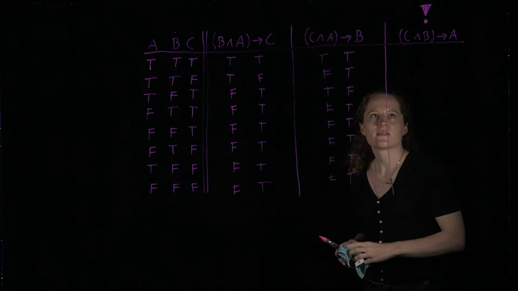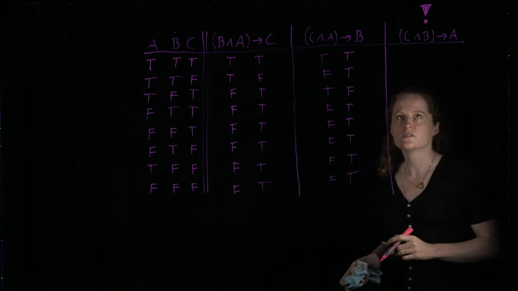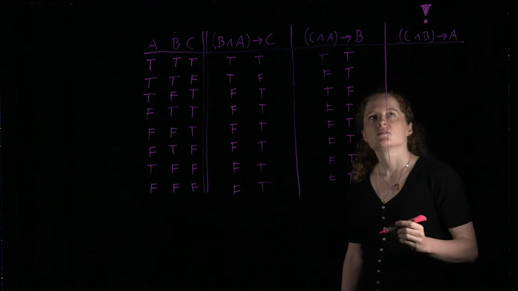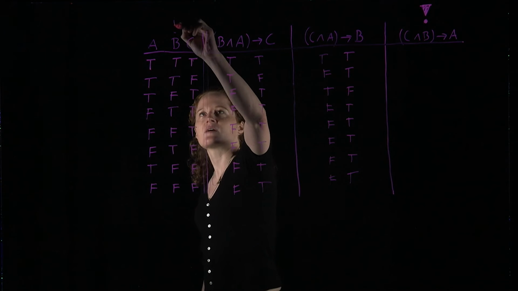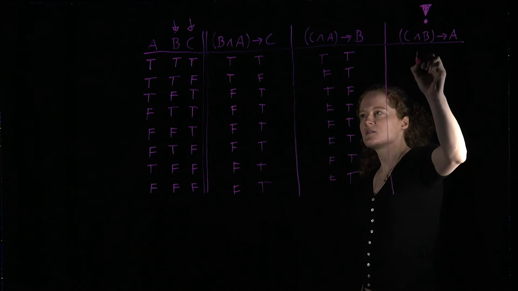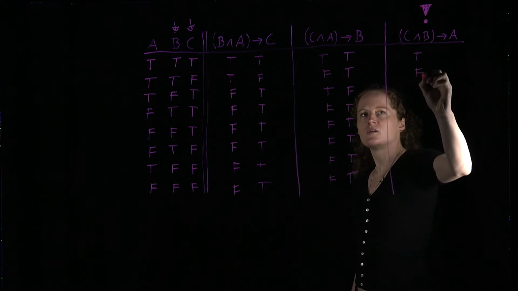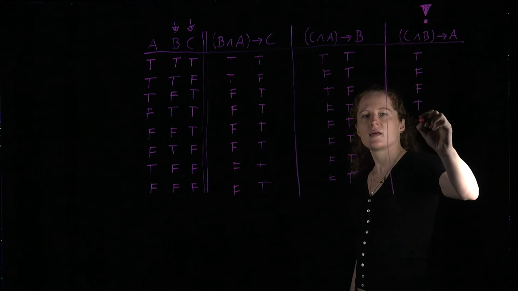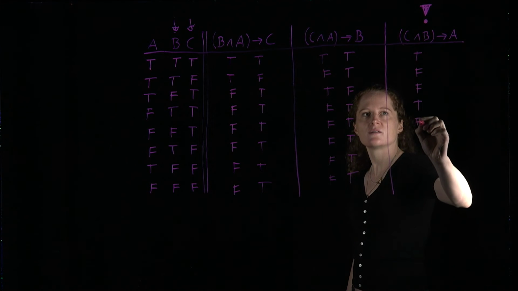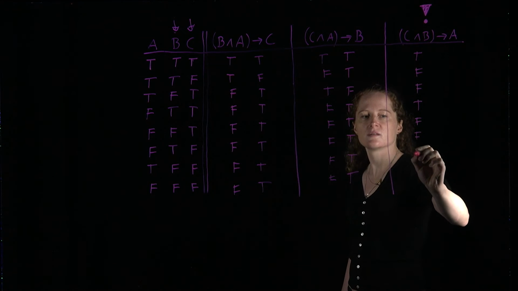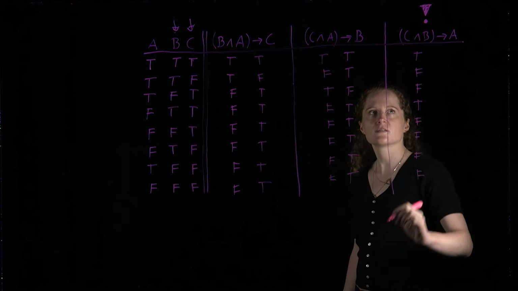Finally, let's look at the assessment column of our conclusion. If C and B, then A. To evaluate the antecedent, we have to look at the truth values of B and C. That is true, false, false, true, and then false all the way down. True, false, false, true, false, false, false, and false.